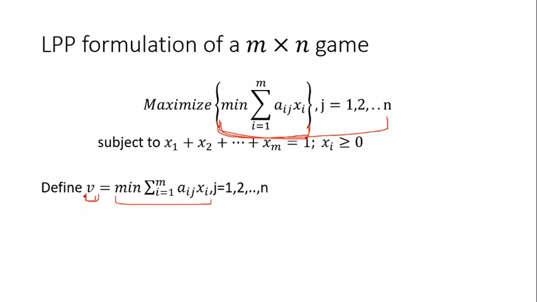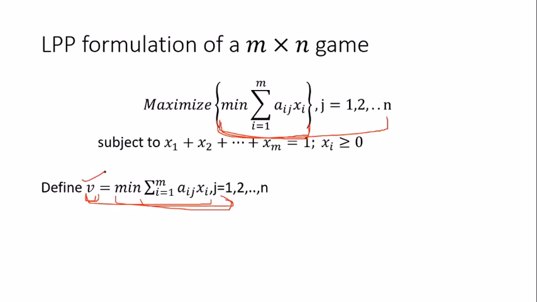And now I have to use this information, since v is the minimum of a certain set. This is a set having n values. So v is the minimum of them. Obviously v is also going to be a function. Again, don't get confused that v is going to be a number, because the variables xi's are there. So v is also going to be a function, a linear function.